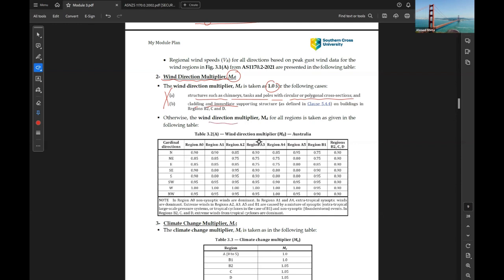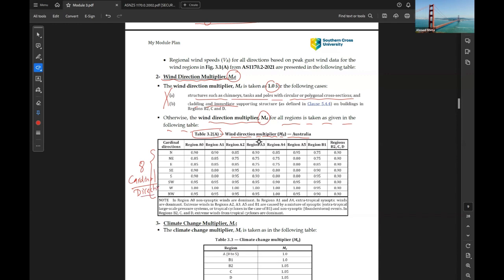Otherwise, the wind direction multiplier MD for all regions can be taken from Table 3.2(A) of the Australian standard. As you can see, how many cardinal wind directions do we have? 8 cardinal directions. For each cardinal direction, we will have a value of MD.